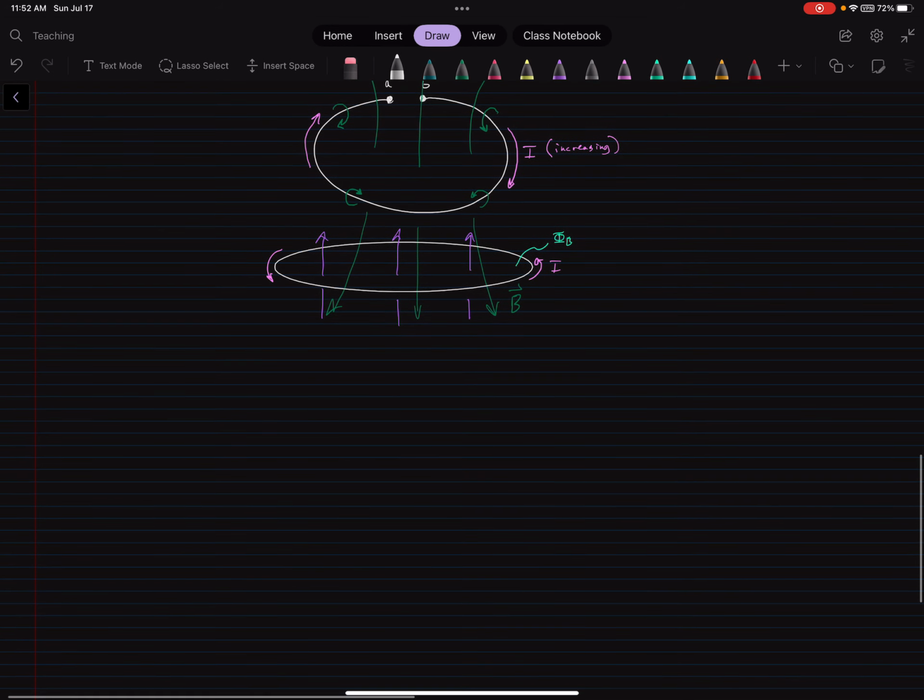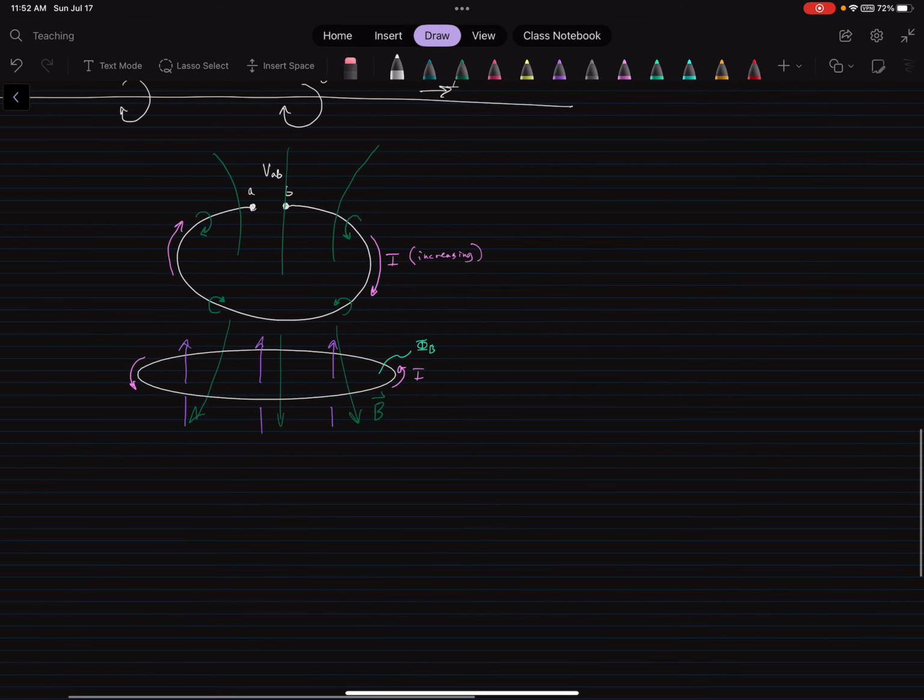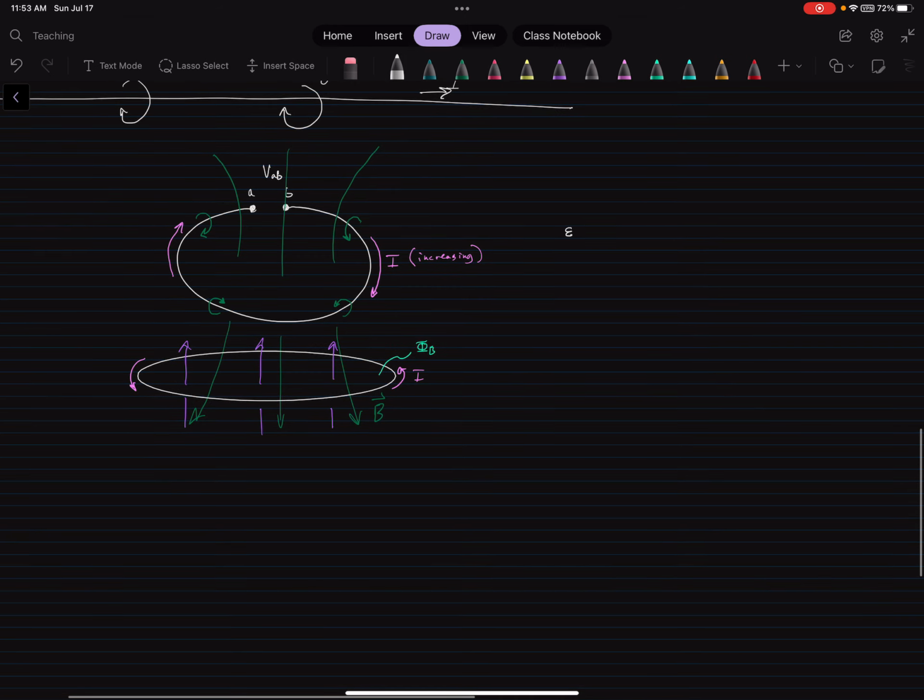And so the EMF that's produced in each of those scenarios by the other is equal to minus M, and I'll talk about what M is, delta i, and I'm going to write lowercase i because it's changing with time. It's the same thing, it's current, but it's changing with time.